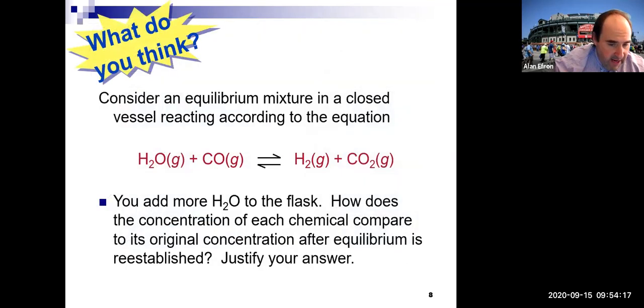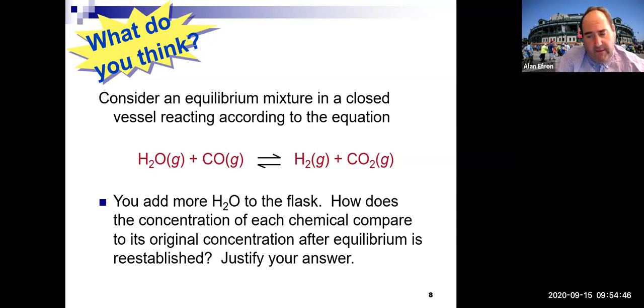Now, if we look at a reaction such as this one that we were just talking about, the H2O and the CO, and the H2 and the CO2, if we added more water to the flask, so if we have this system that has reached equilibrium, and we decide we want to add more water to the flask, we want to think about what would happen to the concentrations of everybody when we do that.